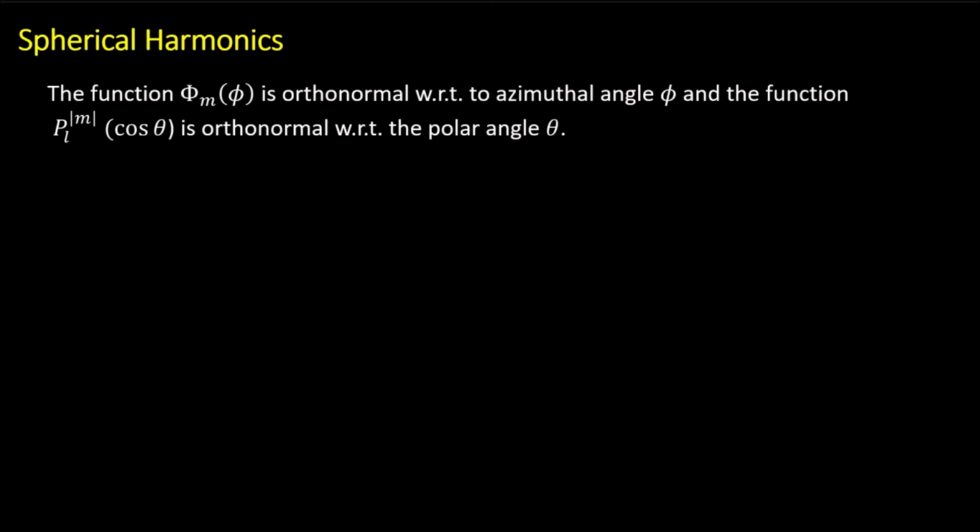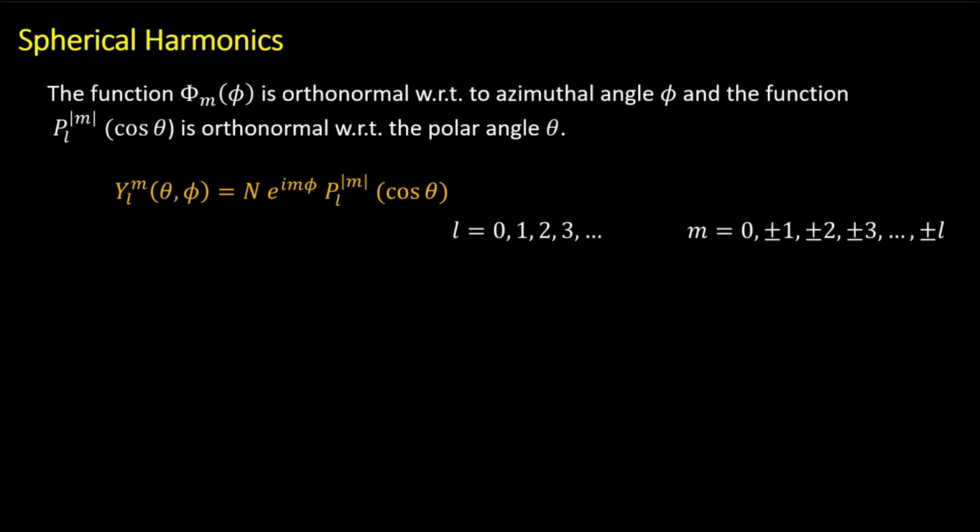And we take the product of these two to obtain functions of two angles theta and phi which are orthonormal over the spherical surface, and these are called the spherical harmonics given by the expression Y_LM theta phi is equal to some normalization constant into the product of the solution to the phi part and the theta part of the wave function.